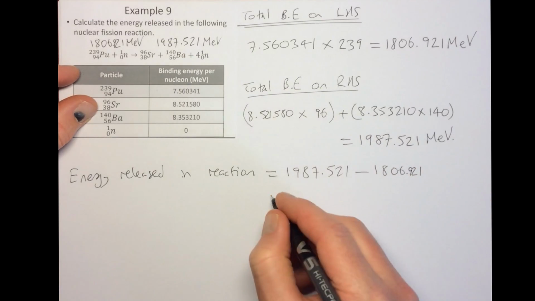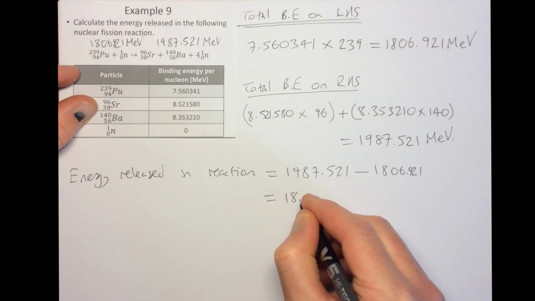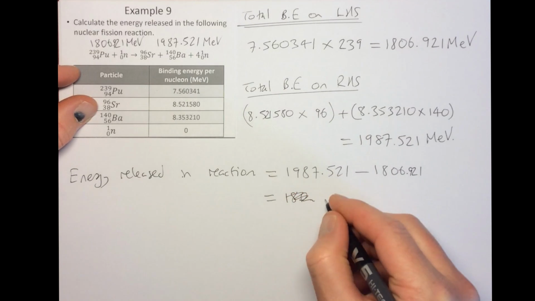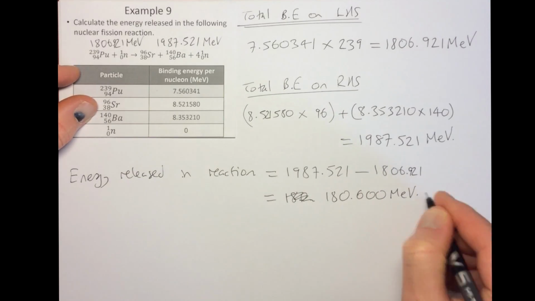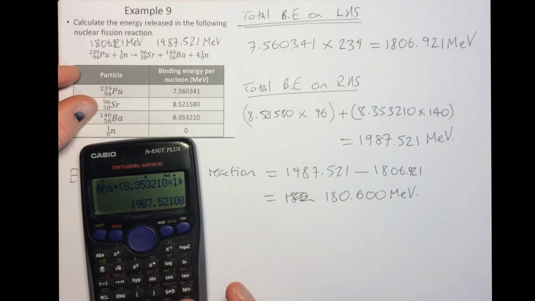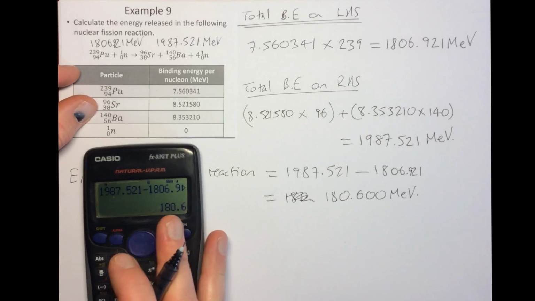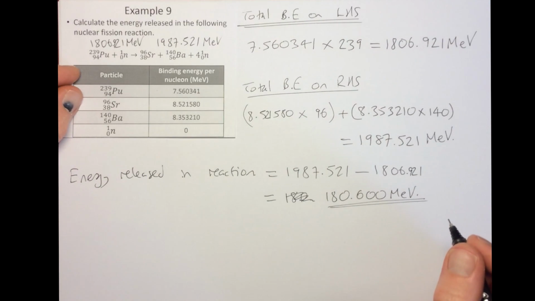That gives us 180.600 MeV. If you do it on your calculator, you can just confirm that. It's 1987.521 minus 1806.921. That gives you 180.6 MeV.